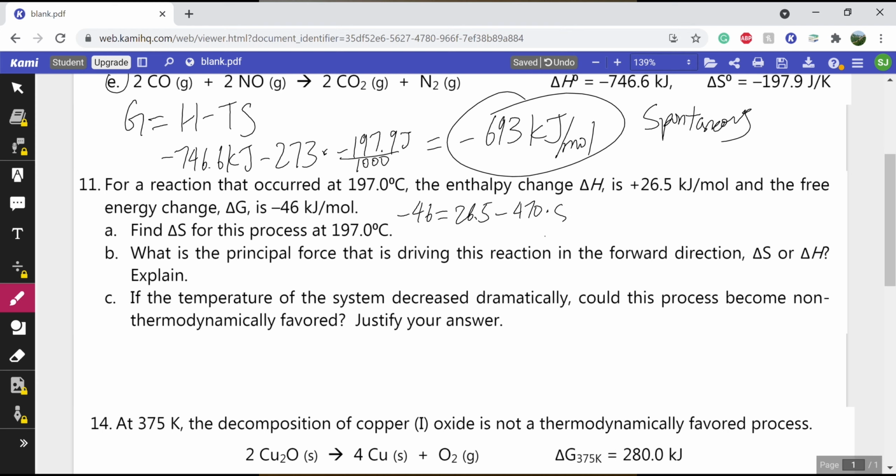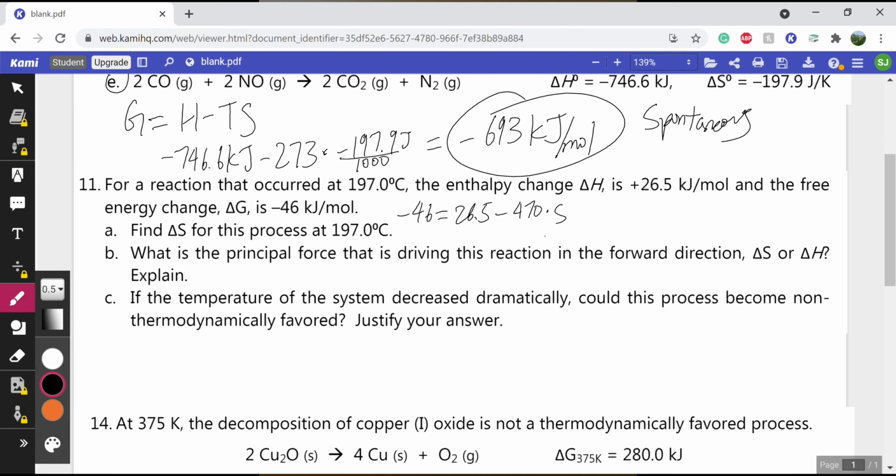First we subtract 26.5 from both sides, so negative 46 minus 26.5, and then we divide both sides by 470.